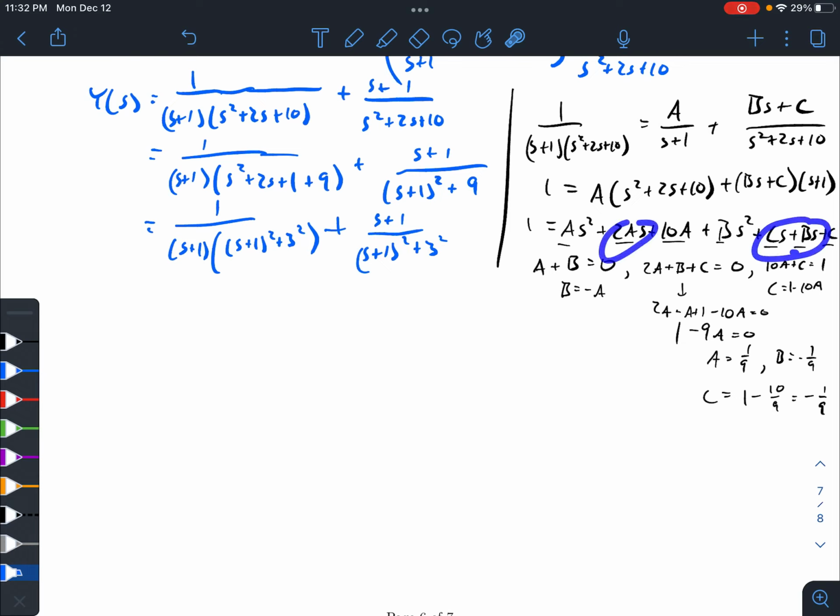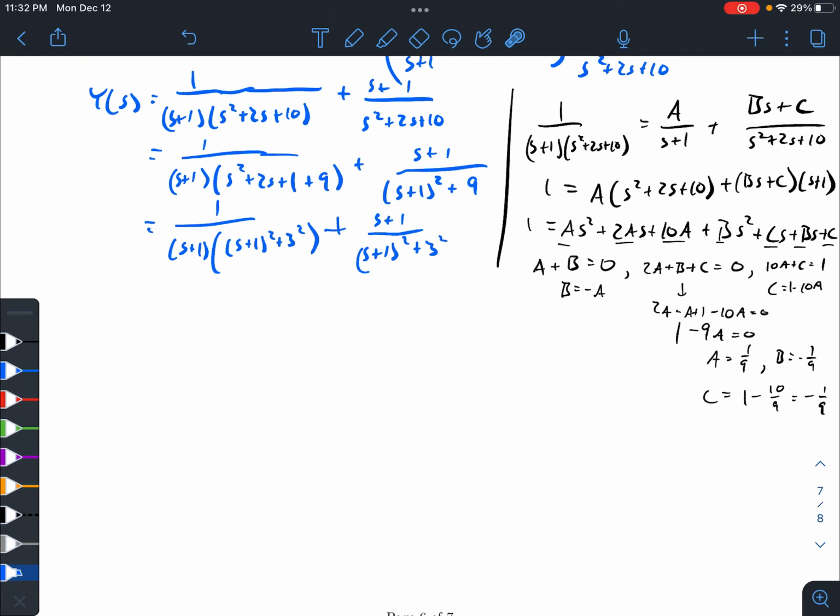The s terms, which is 2a plus c plus b, there are no s's over here, so that has to equal 0. And constant terms is just c and 10a.